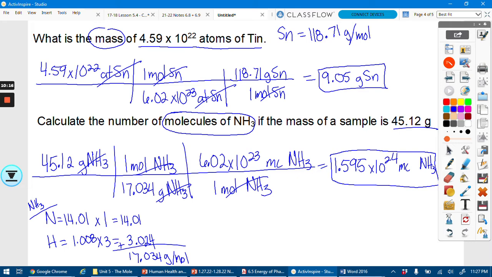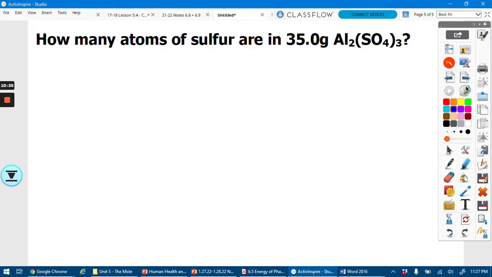Okay, so that kind of showed you an example of each of the different pathways that we talked about on the mole map. And then one other example that I wanted to take a look at with you, this question says how many atoms of sulfur are in 35.0 grams of aluminum sulfate. So we're given grams of aluminum sulfate and we want to find atoms of sulfur.